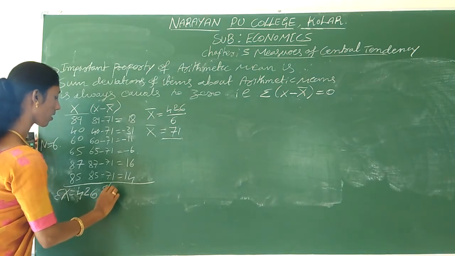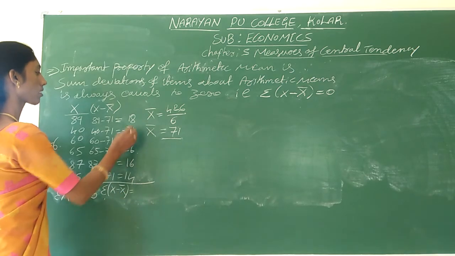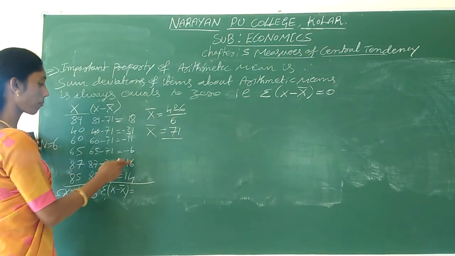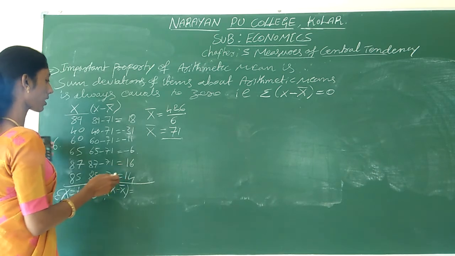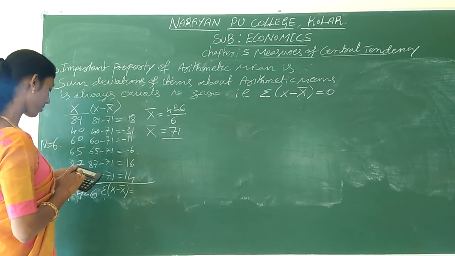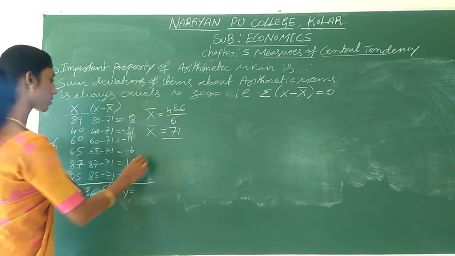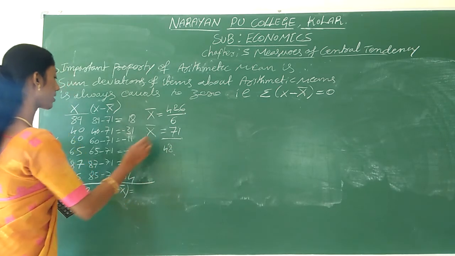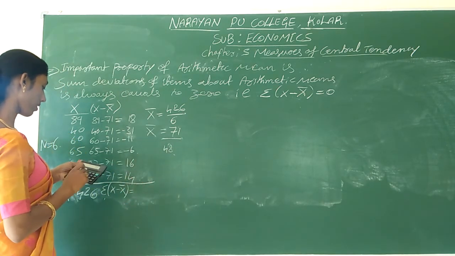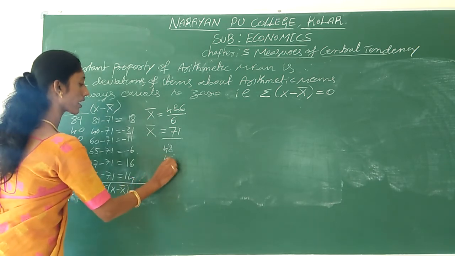Now add all this, we'll get sigma of X minus X bar. How much? The plus values we will add separately: 18 plus 16 plus 14 is 48. The minus values: 31 plus 11 plus 6 is 48.